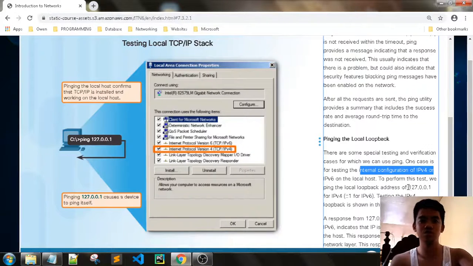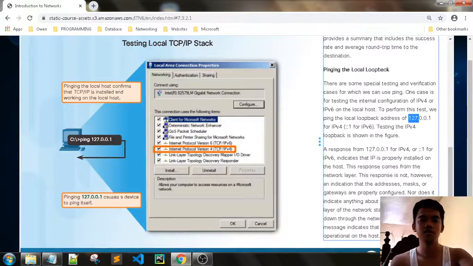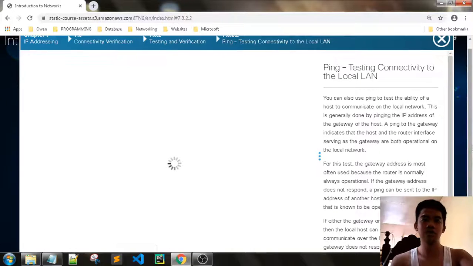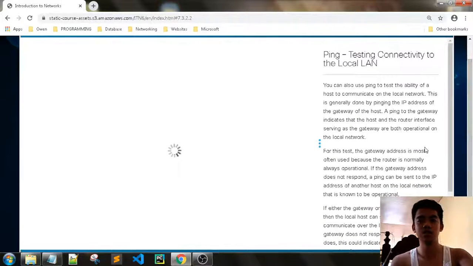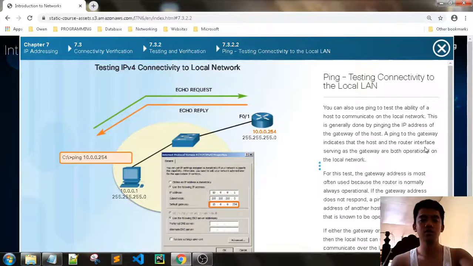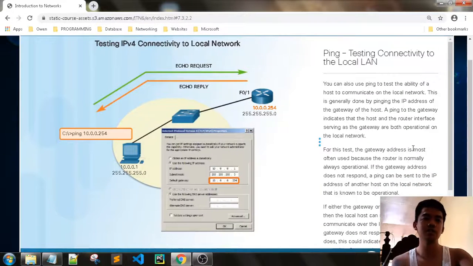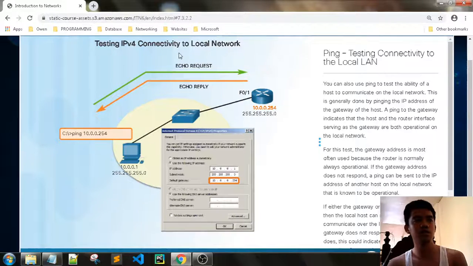We use 127.0.0.1 and ping that. If it gets a reply, our host is operational, but it doesn't mean that our configuration of addresses such as IP addresses is correct. We can also use ping to test connectivity in the local network.